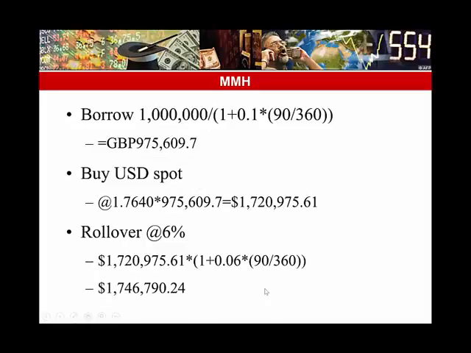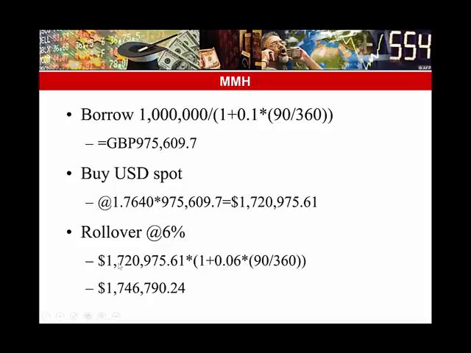So that adjustment does not include the 1. So 1 plus the adjustment made on 6%, which essentially brings this down to 1 plus 0.015. After multiplying 0.06 with 90 over 360, we get 0.015 here.